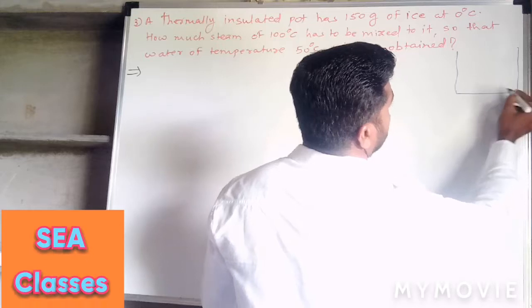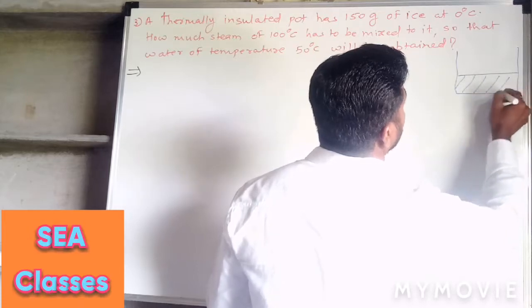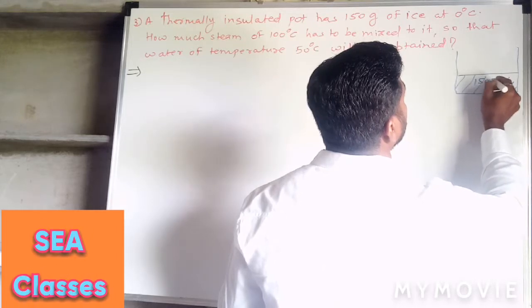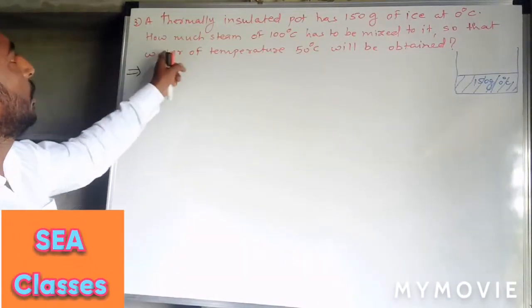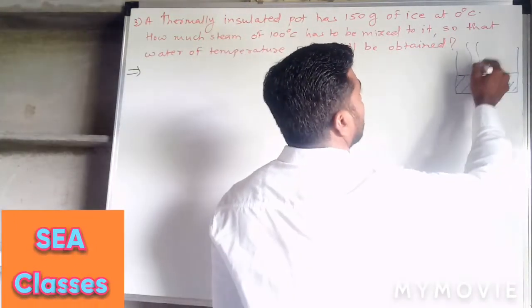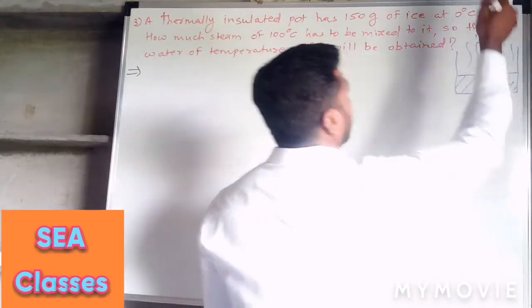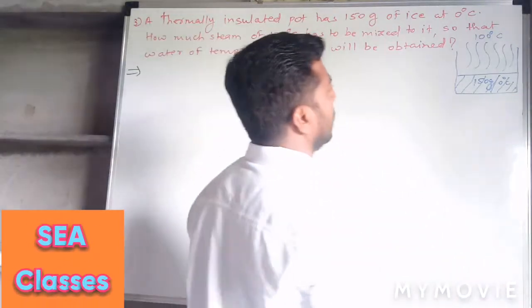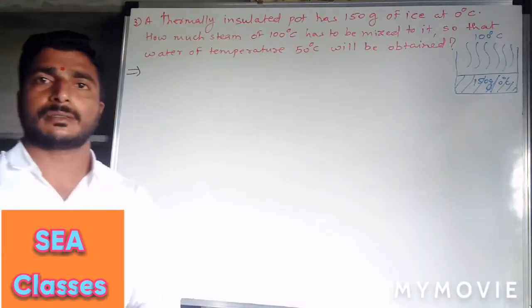How much steam of 100 degrees Celsius has to be mixed into the ice so that water of temperature 50 degrees will be obtained? So the water will be formed after that, and it will have a 50 degrees Celsius temperature.